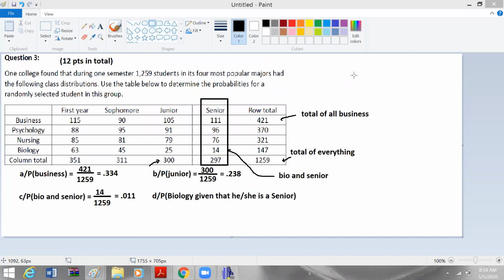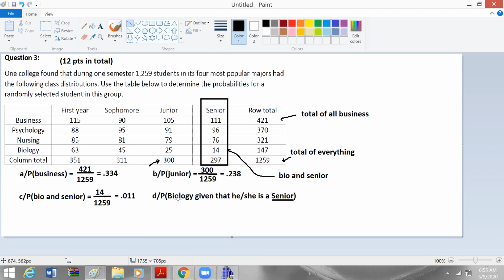So we're going to take 63 divided by 297. The 297 is the given. The given is followed by the keyword given for sure, and this is the thing that we need to box, right? So this is the given probability.